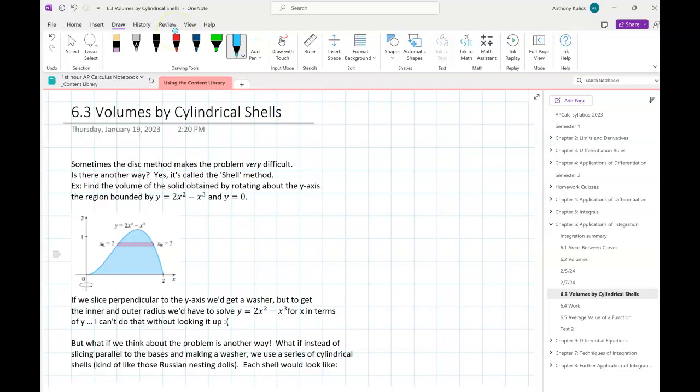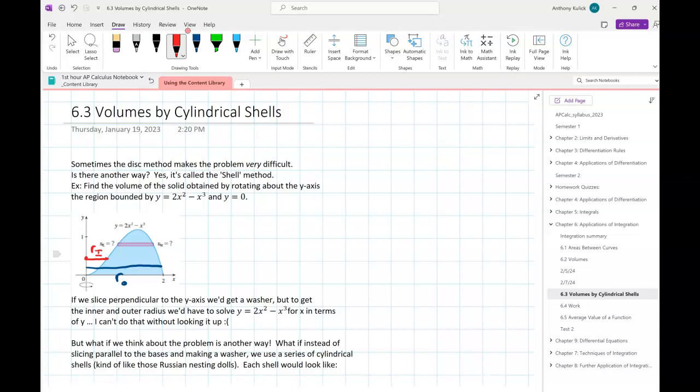If we do that using the same idea, that's like our R inner, and that would be like our R outer, right? Everybody kind of see that?